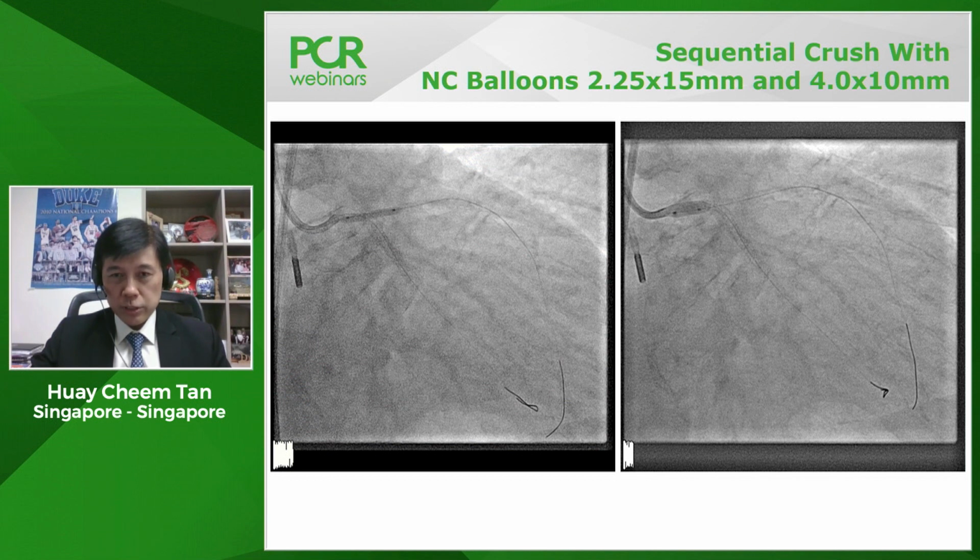The reason for this sequential crush, which is a relatively new technique here, is that the initial crush with the smaller balloon is not going to be able to optimize the complete crush. So that will facilitate your wire entry and recrossing. So it is important to make sure that your stent is fully crushed with a larger balloon in the left main.